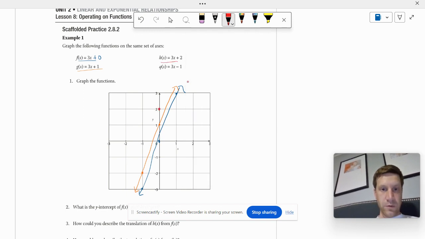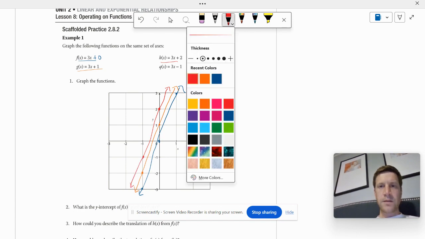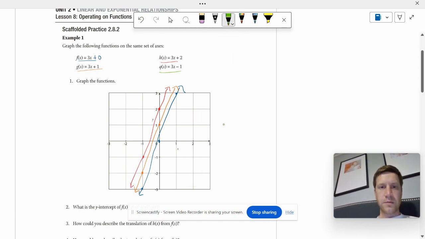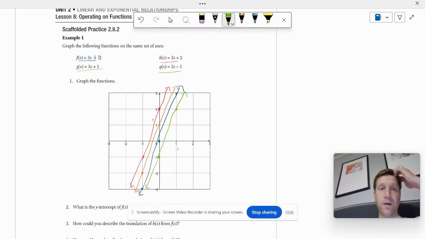Definitely don't have room to go up, so down 3, left 1. And then lastly, we'll do q of x, 3x minus 1. So down to negative 1, up 3, right 1. And it looks like I have 4 parallel lines here.